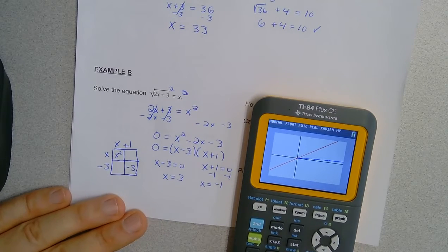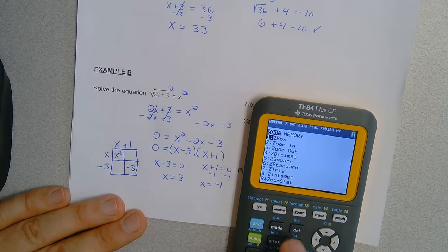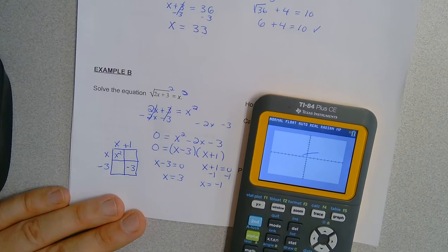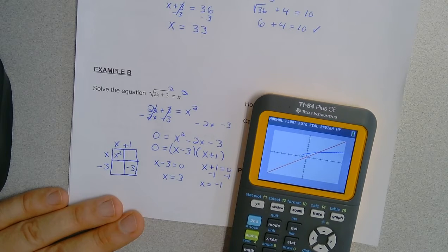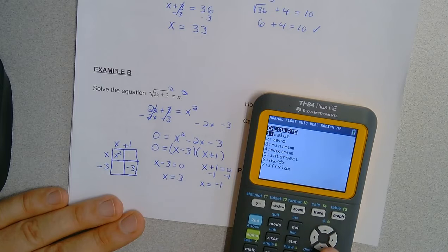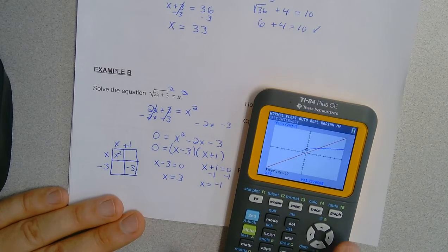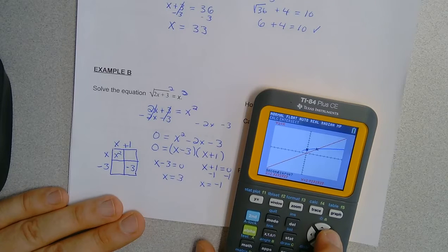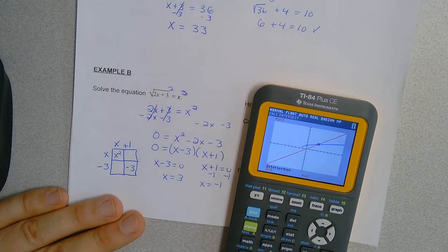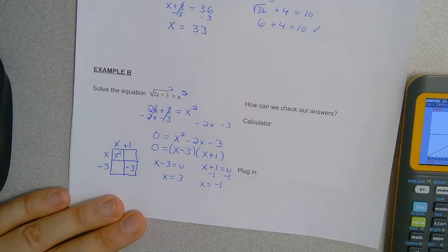I'm going to zoom in, so let me just change to zoom standard. And then we will calculate our intersection. And we have an intersection at x equals 3 and y equals 3. So we see that this is an answer, but this one is not.